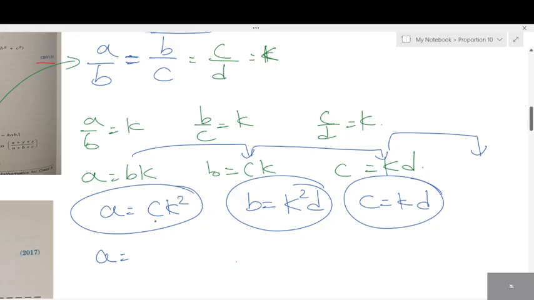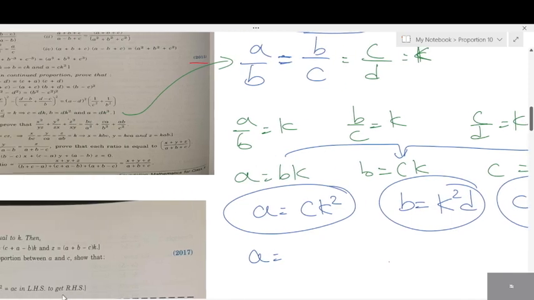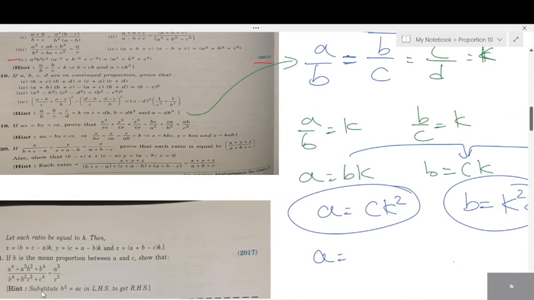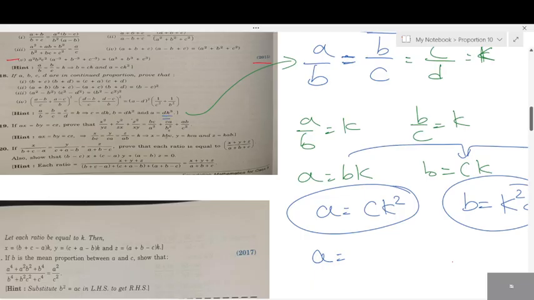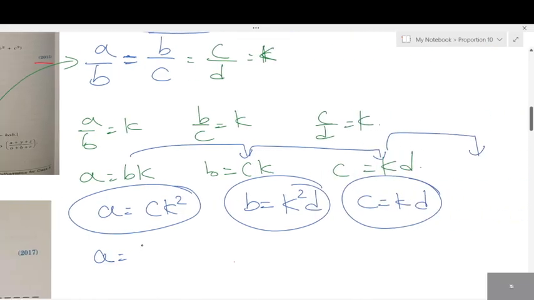Yes. What is dk square? What do you get? Kd cube, right? Yes. That's what they've written, dk cube. So these are the actual values of A, B, C, students.